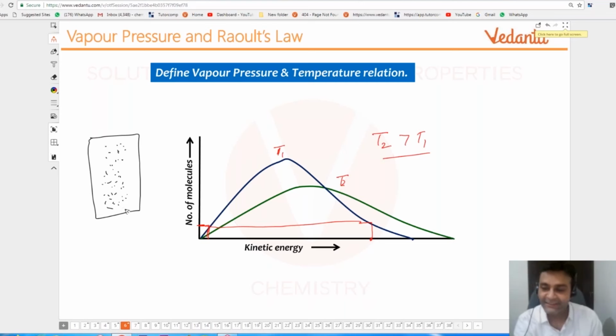Okay, so are all the gas particles moving with the same velocity? No. Some are moving with very high velocity, some very slowly.